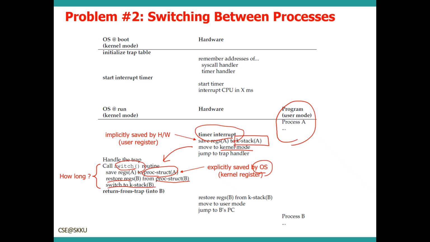So it switches to the kernel stack of B. Finally, the OS returns from trap, which restores B's registers from the kernel stack and starts running process B.